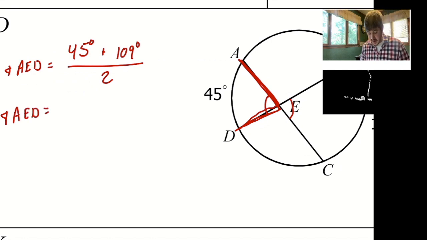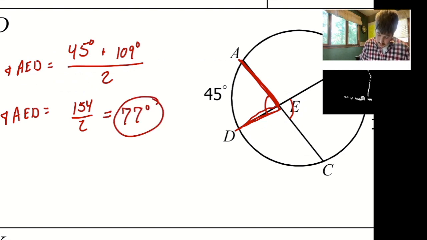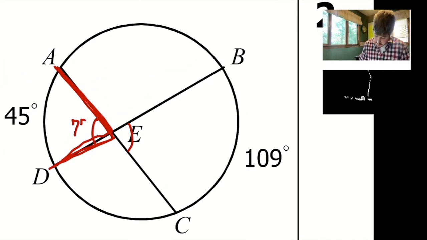So 45 plus 109 is going to be 154, divided by 2. And when we divide that by 2, we get 77 degrees, which is our answer. So both of these angles, because they're vertical, are 77 degrees.